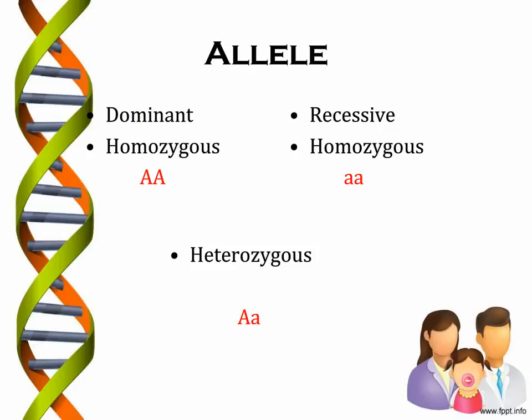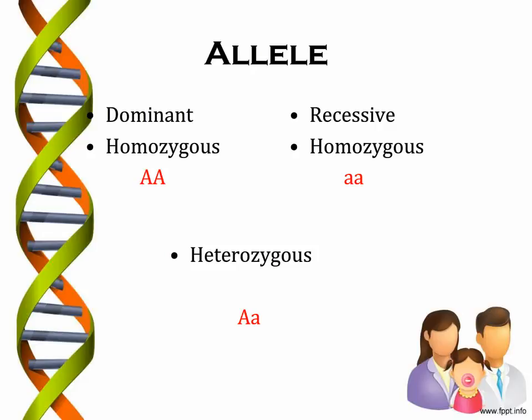The trick that you have to remember is that, let's say you're looking at eyes, for instance, and we'll show in later slides that I've used B to look at eye color, brown versus blue. Now, if you have big B, big B, you'll see that they have brown eyes.